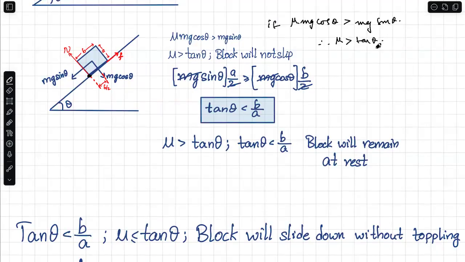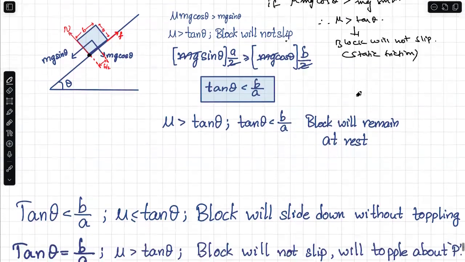In this case, block will not slip, and the nature of the friction there is static. This comes under static friction. Right. In this case, block will not slip. Okay. But block will topple.